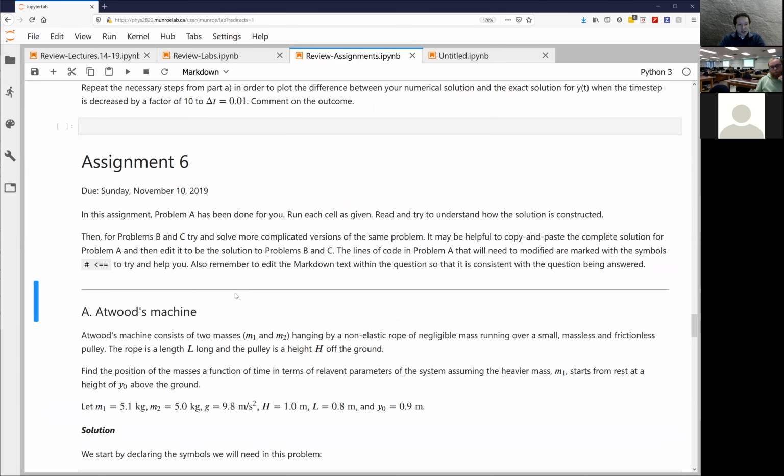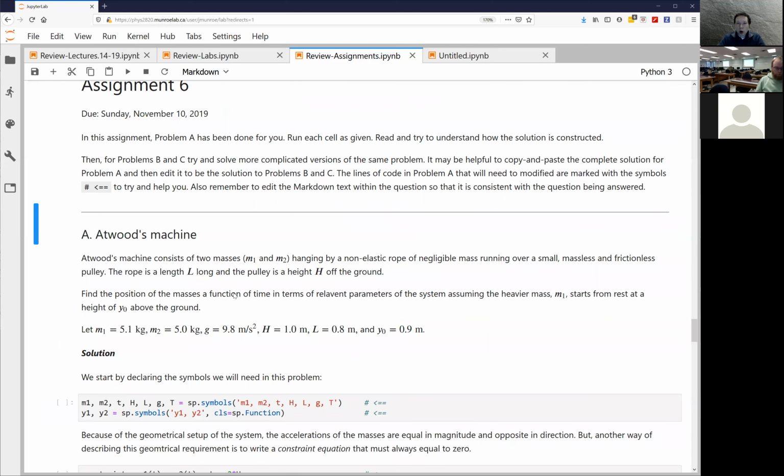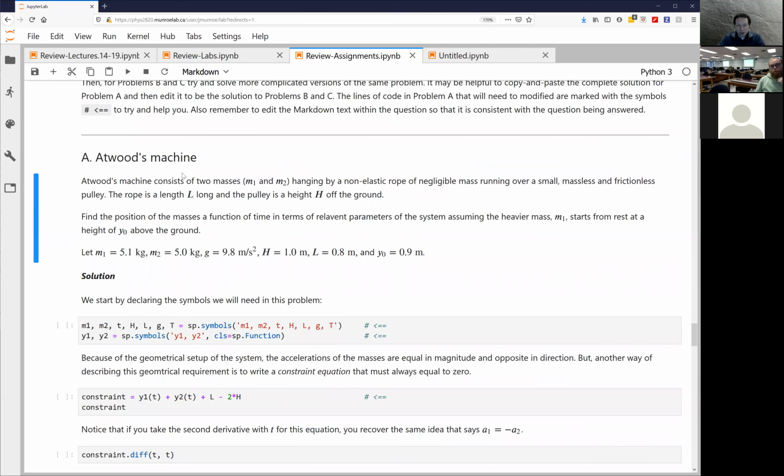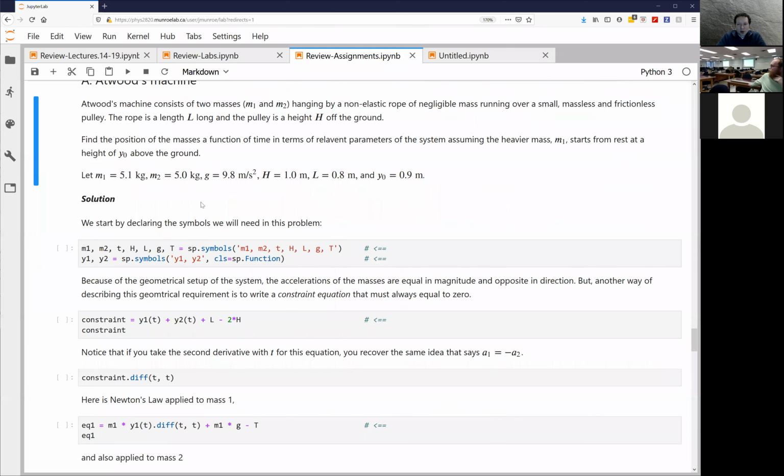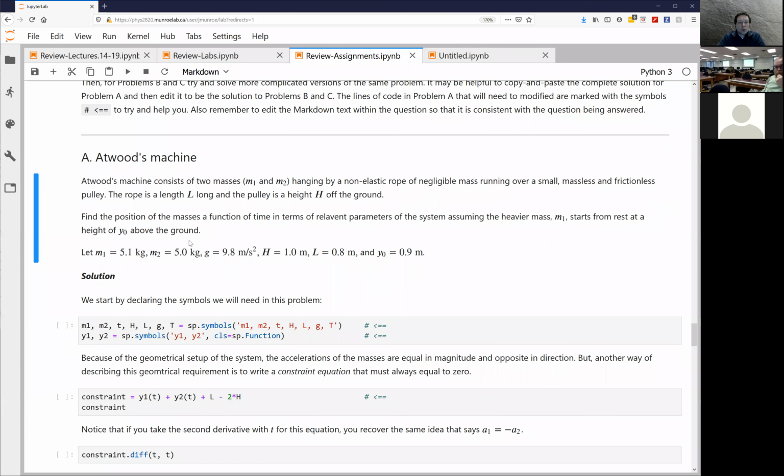Assignment number 6 was a few worked problems in SymPy. Okay, so SymPy was not done incredibly well on test number 2. I might revisit it, so maybe you want to review this again. I might not revisit it, I'm not sure yet, but I could. So here is yet another problem where it's a physical problem where we're defining symbols.